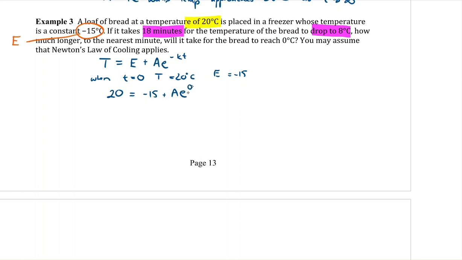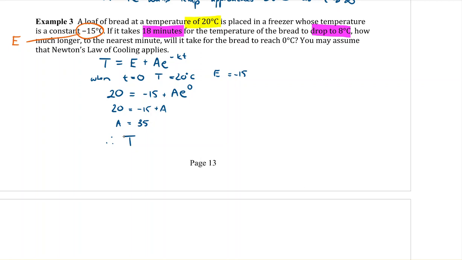Remember that e to the 0 is just 1. So we have 20 equals minus 15 plus A, which means A is equal to 35. A and the environment temperature together add to give your starting temperature.